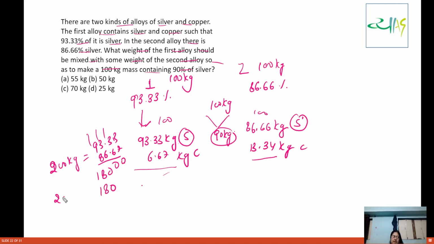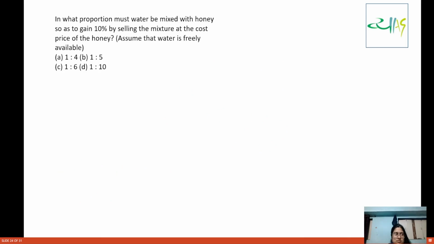So in 200 kilogram, I am having 180 when I am mixing 100 and 100. So for 100 kilogram, I will have 90. So I will have to mix how much? 50 and 50. So I hope everybody is clear with this. Now our answer comes to be 50 kg.